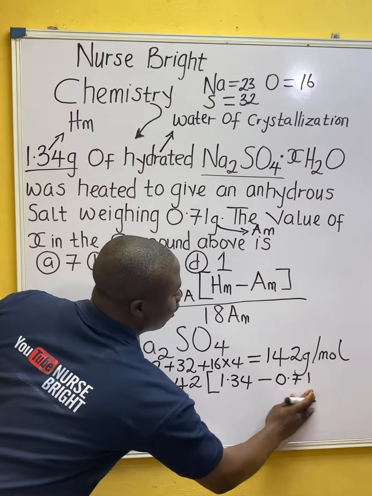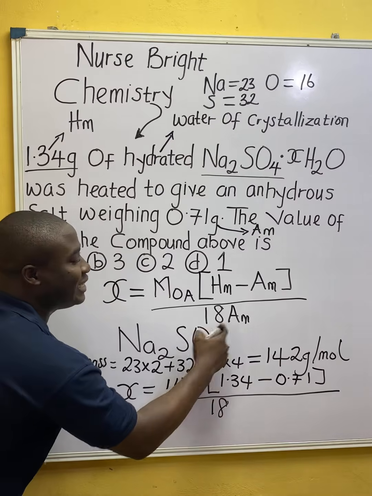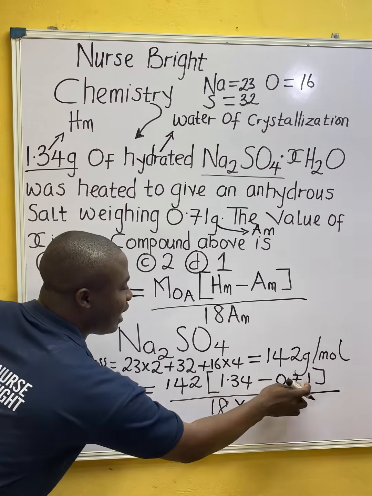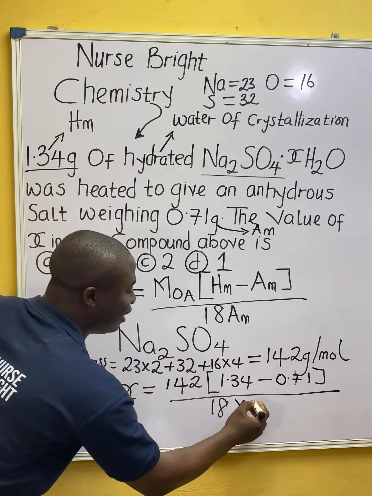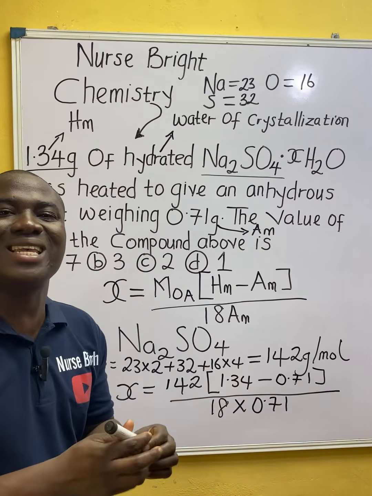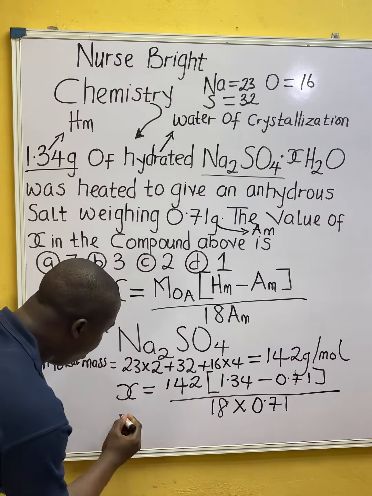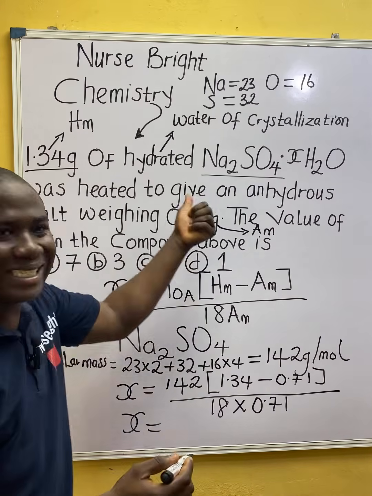Close the bracket, all divided by 18 times AM. So 18 times AM, the AM still remains 0.71, which is the mass of the anhydrous compound. So you can see what we have done. So let's input all these values into our calculator so we get the value of X in this compound.